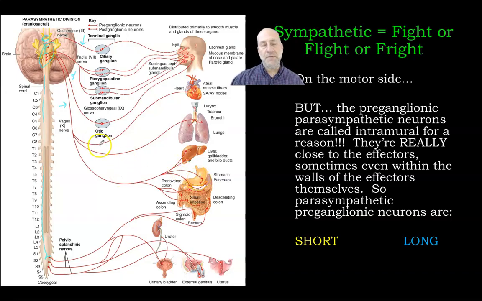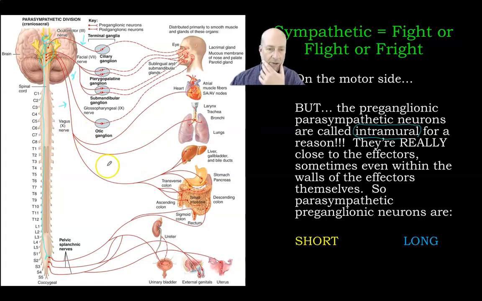There's no synapsing here. The preganglionic neuron is not synapsing at a sympathetic trunk ganglion. It's not synapsing at a prevertebral ganglion. It is running all the way to something called an intramural ganglion. What does intramural mean? It's not just sports in college. Inside the wall. Mural is wall.